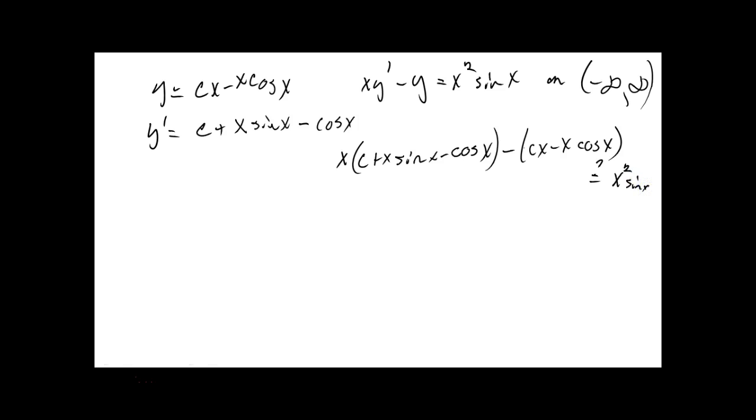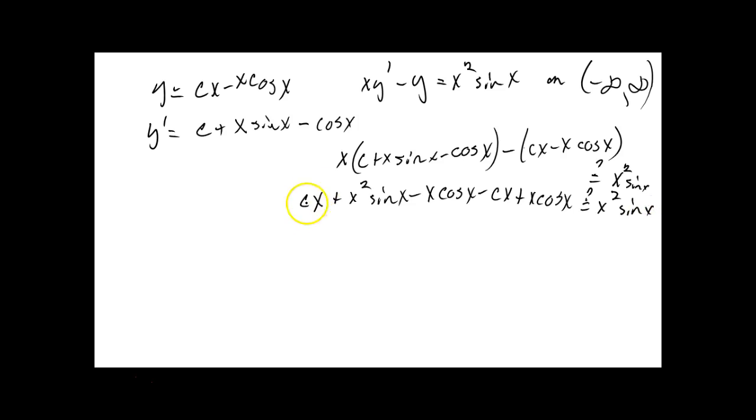So let's see what we have here. Multiply through, clear parentheses. That would be cx plus x squared sine x minus x cosine x. Everybody see what I'm doing? Minus cx plus x cosine x, that minus sign distributed inside. Is that equal to x squared sine x?